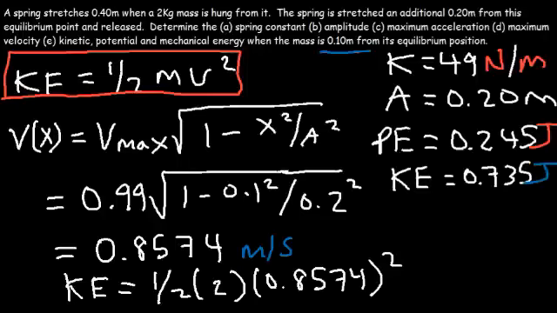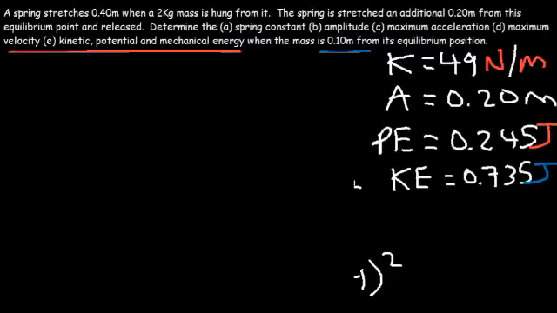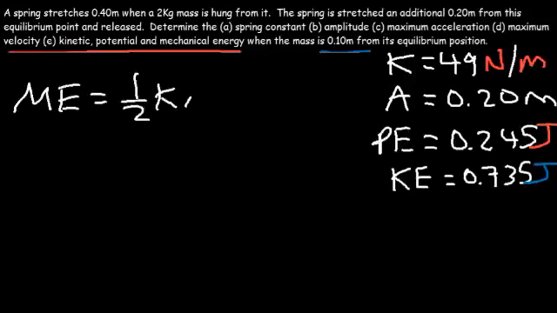Now let's calculate the mechanical energy. We're going to do it two ways. So first, let's use the equation. Mechanical energy is equal to 1/2 k times the amplitude squared.